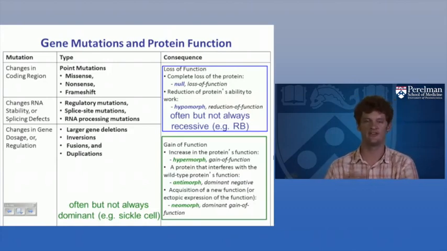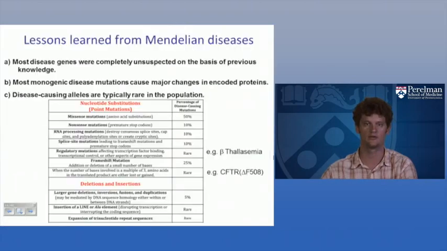Maybe you have a protein that dimerizes, and so when you have a bad copy, that binds to the normal copy, and now both of them lose their function. And you can have these neomorphs. So one example of that is these fusions where you have completely new genes with parts of one gene fused to another gene, but you can also have similar kinds of things where you have mutations in a particular gene that causes it to do something that it wouldn't normally do. And those are typically, again, but not always, inherited in a dominant fashion.